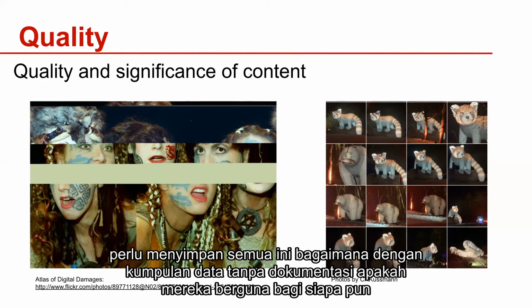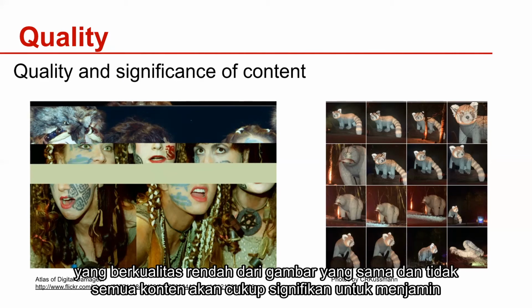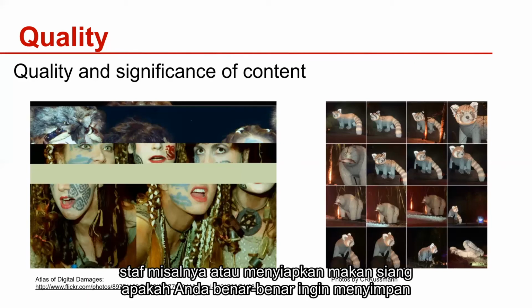Are they useful to anybody if we don't know what they are? If you have high resolution photos, do you also need to preserve the lower quality ones of those same images? And not all content will be significant enough to warrant preservation. That string of emails about organizing the staff Christmas party, for example, or setting up a lunch, do you really want to keep those?